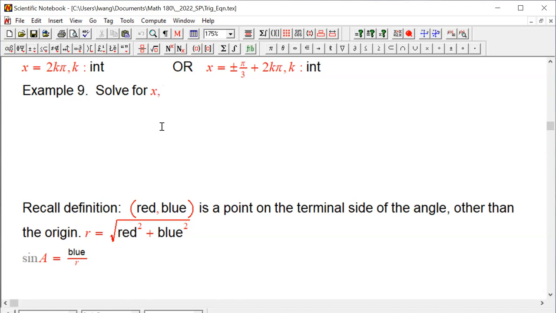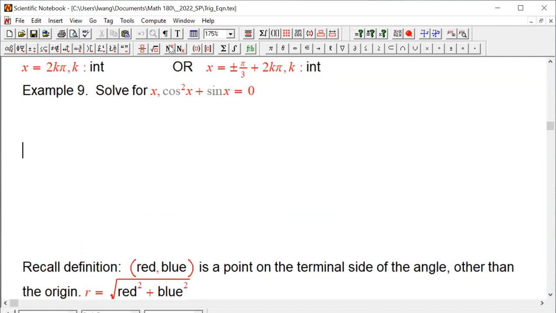Example number 9, of course, is solve for x. I picked another question from your homework. This is cosine squared of x plus sine x equals 0. Well, this is not exactly quadratic form, but maybe we can change it to quadratic form, right?